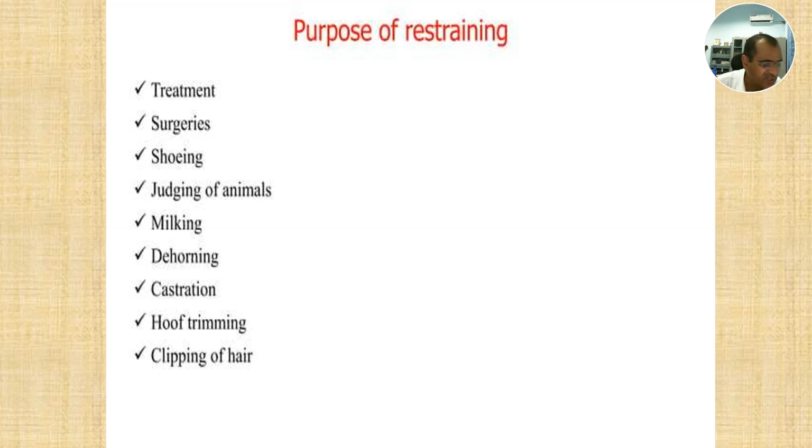All these things require proper restraint of the animal, or else the person who is doing all these things will have very bad damage or injury from the different self-defense mechanisms of the animals.